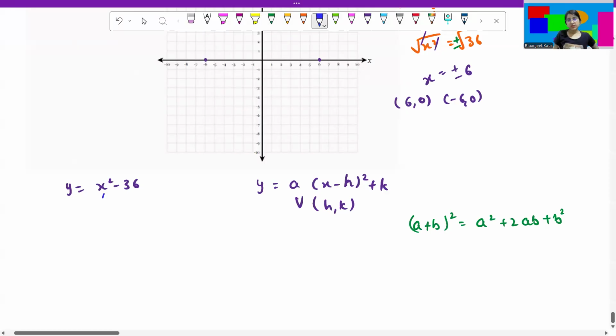Now we got a square here. We got a b square also here, but we cannot write it as equivalent to the whole thing's square. So what do you think? What can be done in this case?